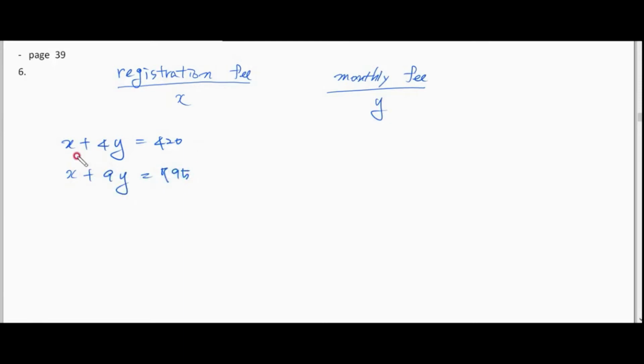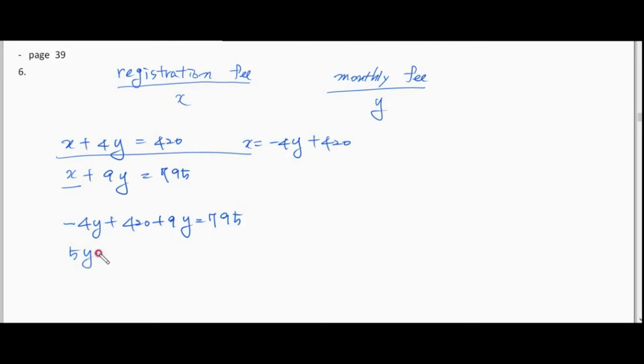And let's isolate the first one. X equals negative 4y plus 420. So let's substitute the x right here, that's negative 4y plus 420. Negative 4y plus 420 plus 9y equals 795. Like this, writing down again. 5y equals 795 minus 420, that's 375.